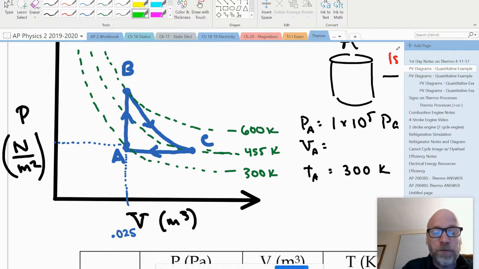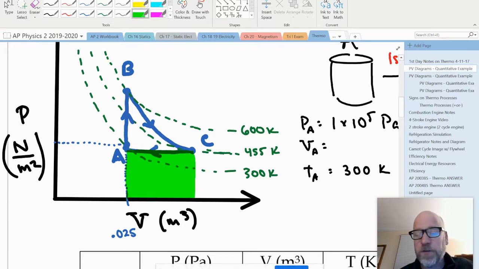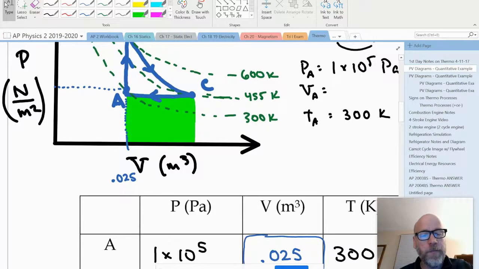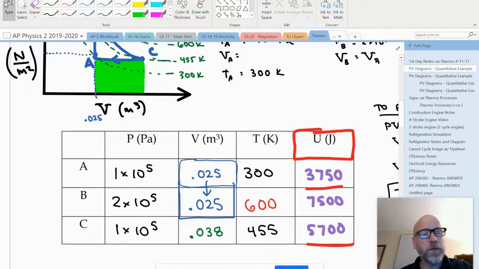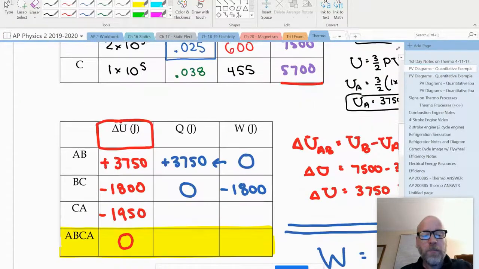Actually, I don't know what he would say, but what I would say is that we can find this, which is known as the area under the curve, right? The area under the curve would be the work done on the gas during that process.